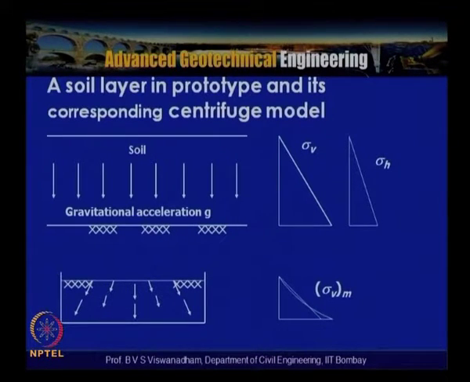But if the same prototype soil is brought and the model is constructed with a reduced thickness and subjected to a radial acceleration field, then the variation of the vertical stress with depth is not linear, it is non-linear. We said that this is going to cause a certain degree of under stress in the upper portion and over stress in the bottom portion. This variation arises because of the variation of the G level with the depth.